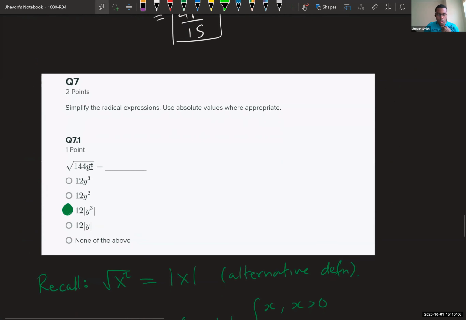Right? So you'll notice that in the first one, if I plugged in y equals -1, the answer would be positive 12. Whereas here, if I plugged in y equals -1, the answer will be negative 12, which means these two are not the same thing, right? So notice here, this, not the same.